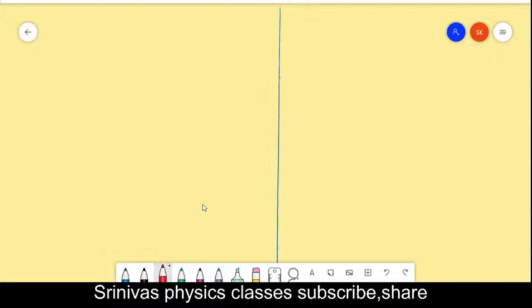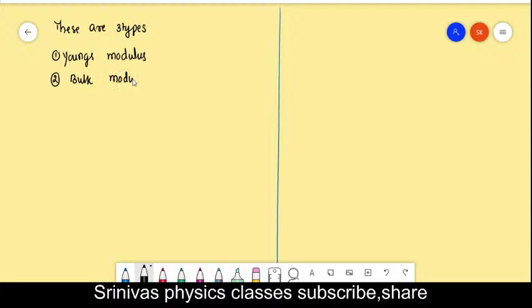These are the moduli of elasticity, and there are three types. What are they? The first one is Young's modulus. The second one is the bulk modulus.